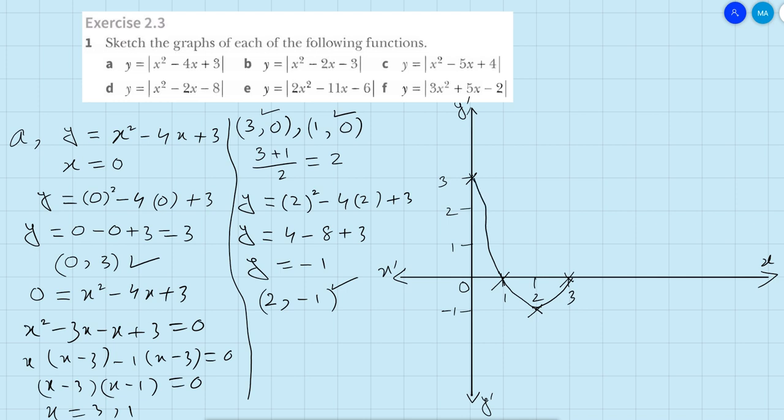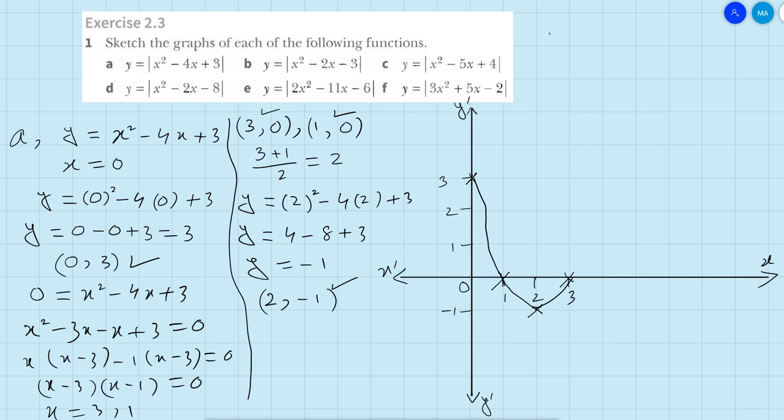This is not a very good curve, but kindly keep in mind whenever you draw the curve, you can move your register. I am not able to move. Okay. Now, this is the graph of y equals x square minus 4x plus 3.